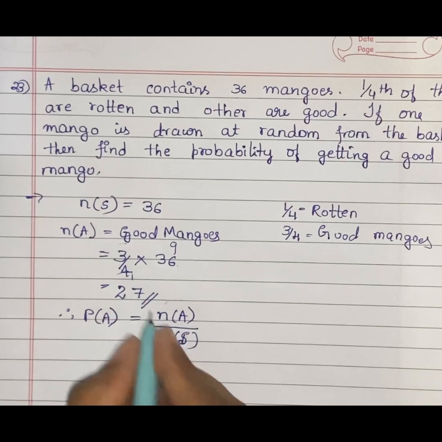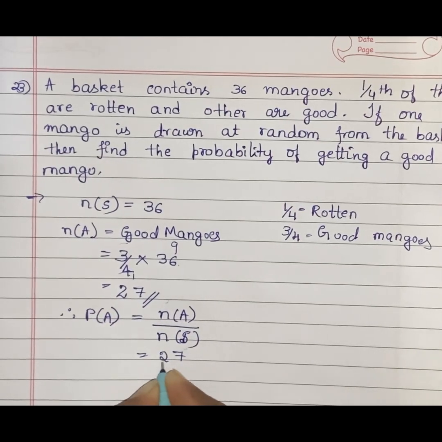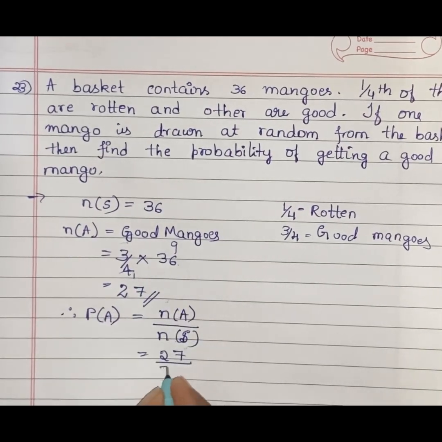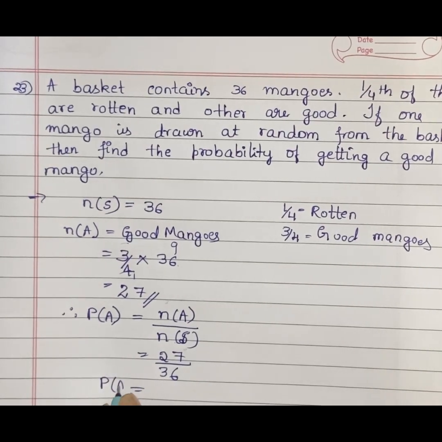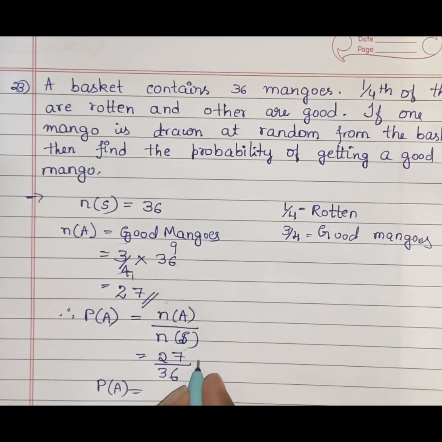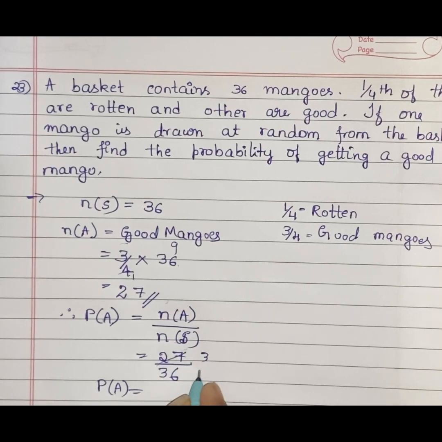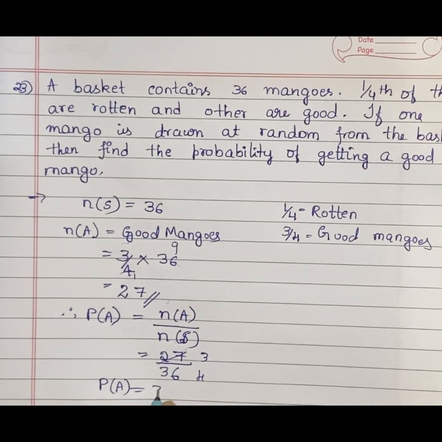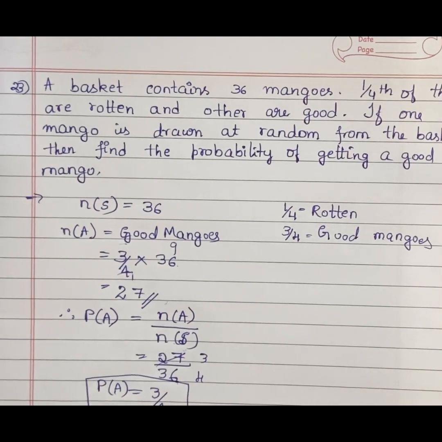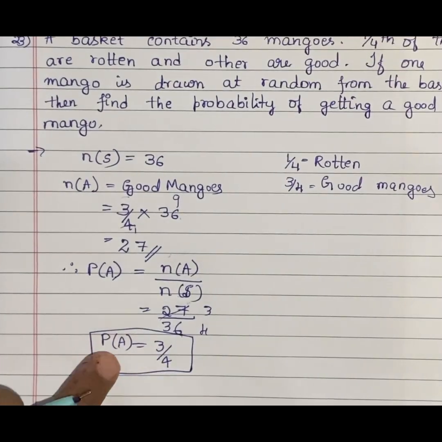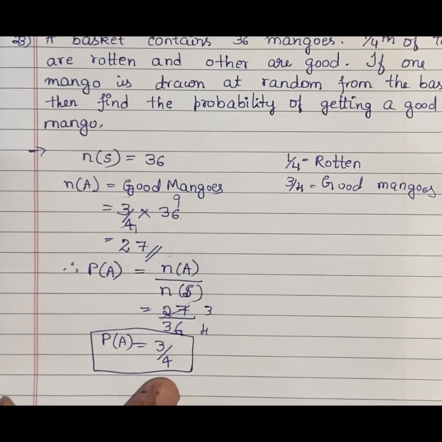So n of a is nothing but 27, n of s is nothing but 36. So if you divide, probability of getting a good mango is 9 3s are 9 4s are, so 3 by 4. Okay, this is the answer. That means probability of getting a good mango is 3 by 4.